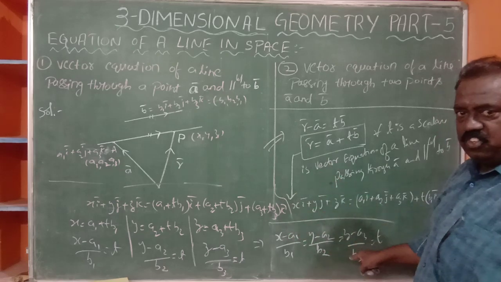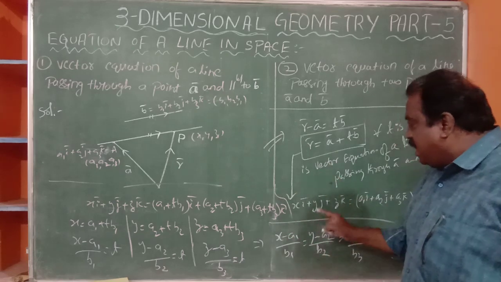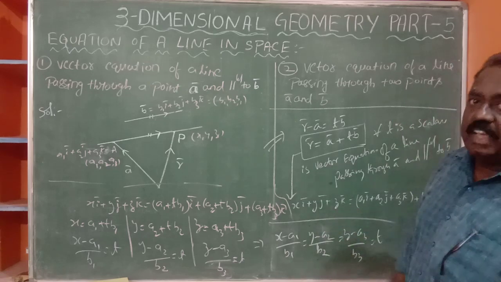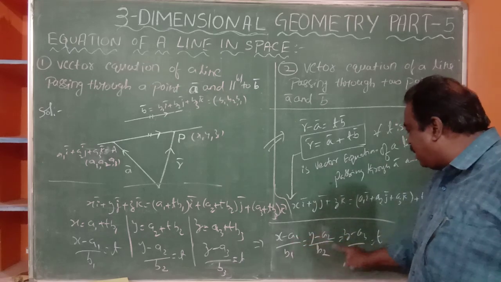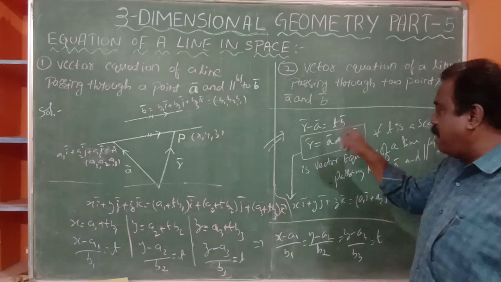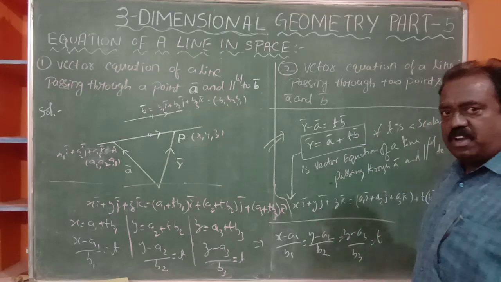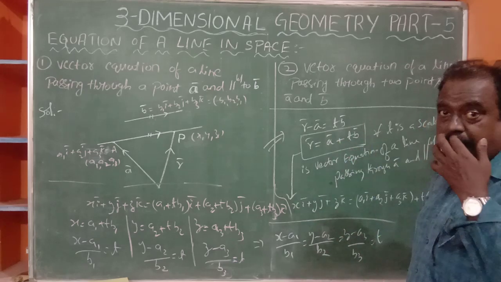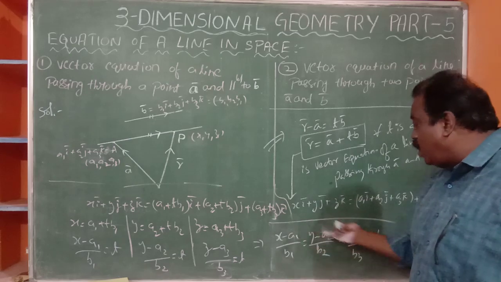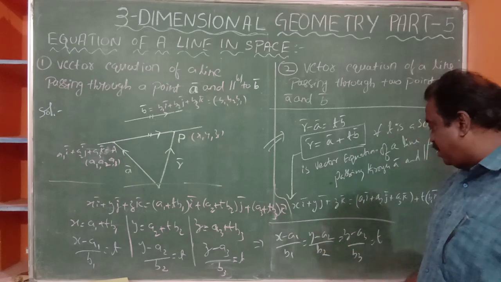So this is an equation where the vector is not there, only numbers. These are the components of A1 and B1. x, y, z are components of the general vector R1. They are numbers, coordinates of the point.